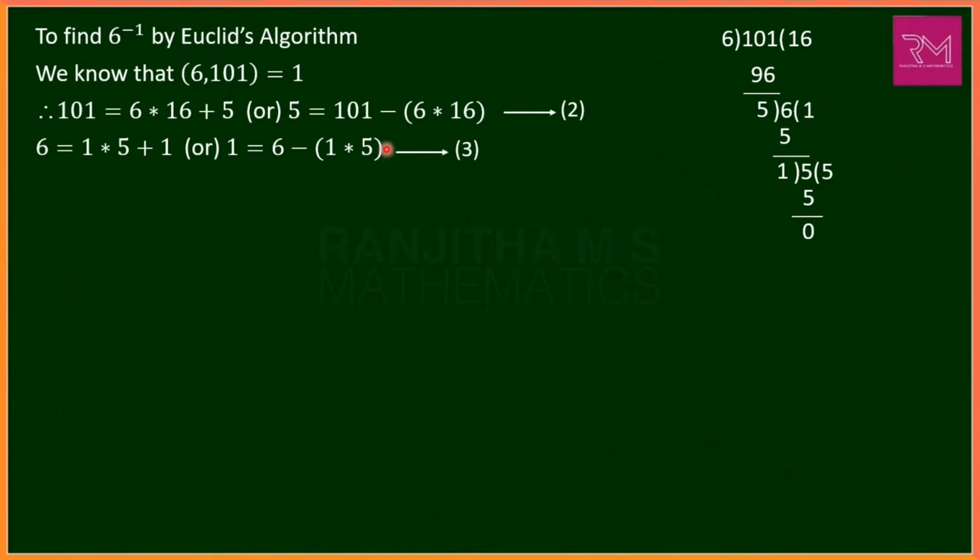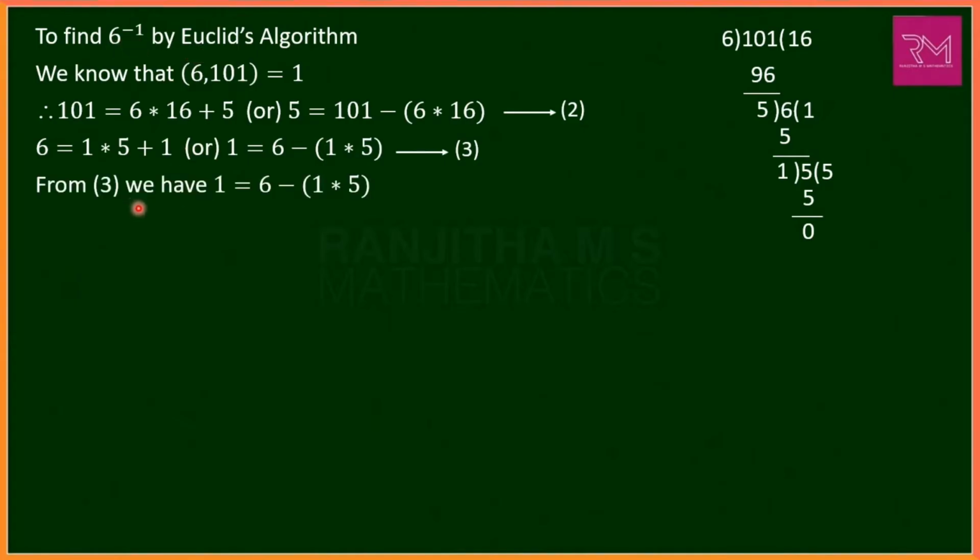Next, from equation number 3, we have to find the inverse value for 6. That is, we have 1 equals 6 minus 1 into 5. To find the inverse, we have to obtain an equation of the form SA plus Tm equals 1. So we consider equation 3 and find the inverse value for 6.